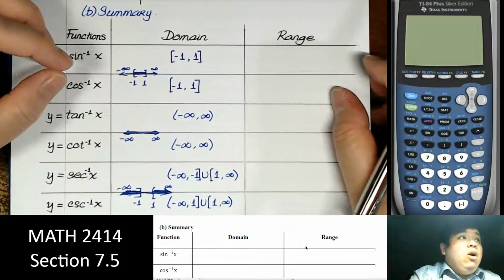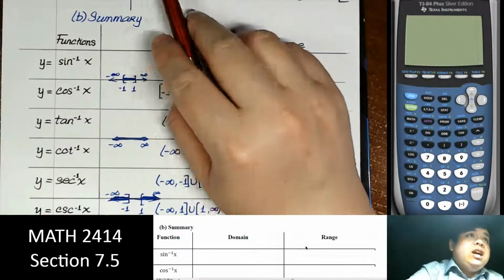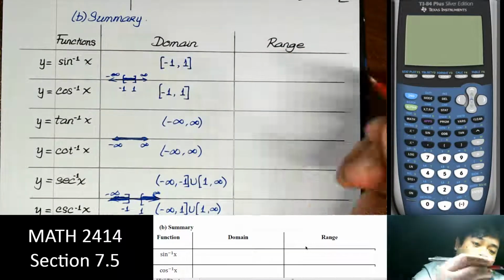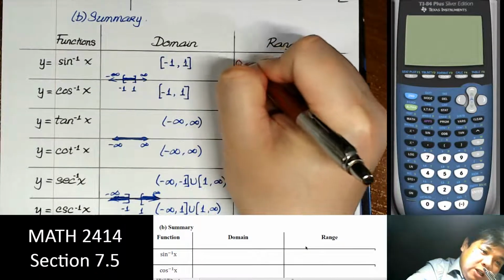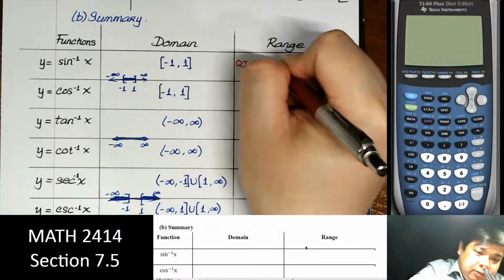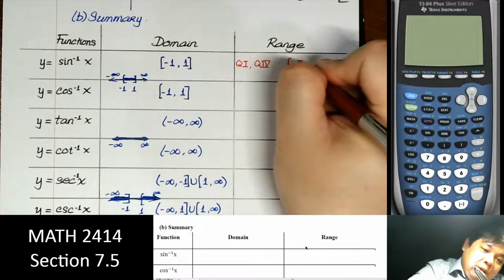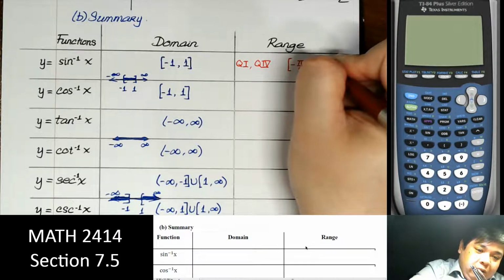Right. Now on to the range. The range of sine inverse, we did say earlier, is quadrant 1 and quadrant 4. So Q1 and Q4, in particular from negative pi over 2 to pi over 2.